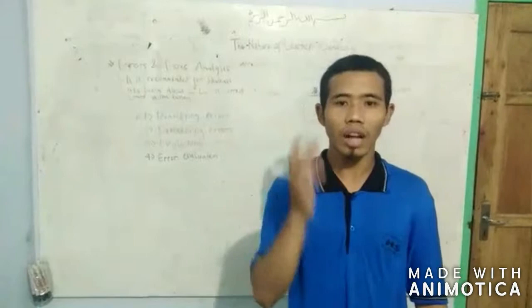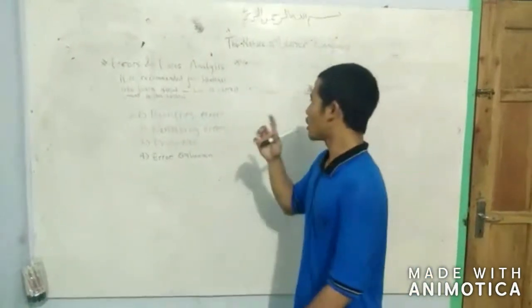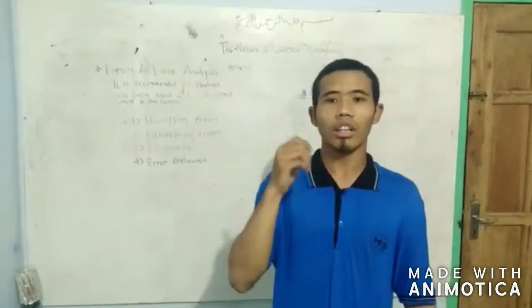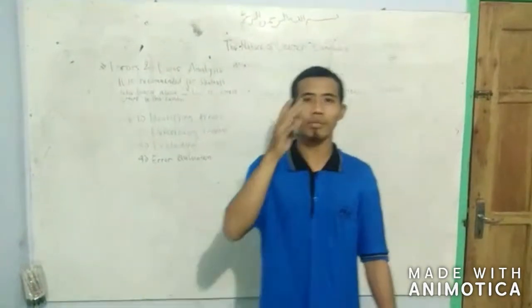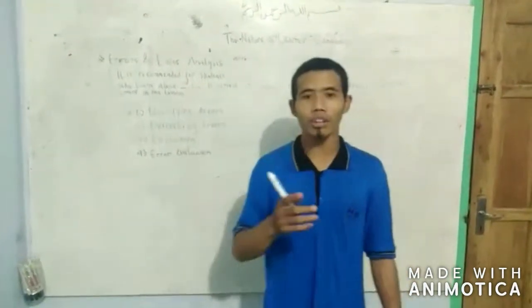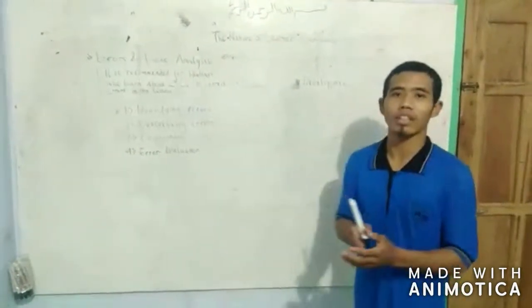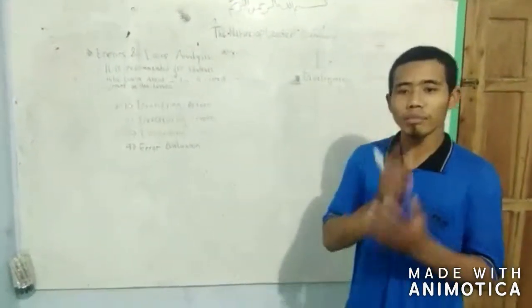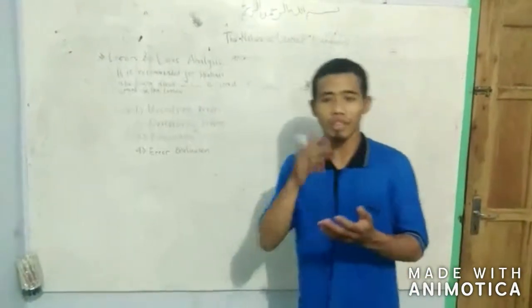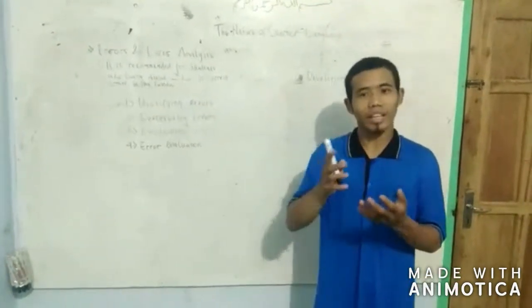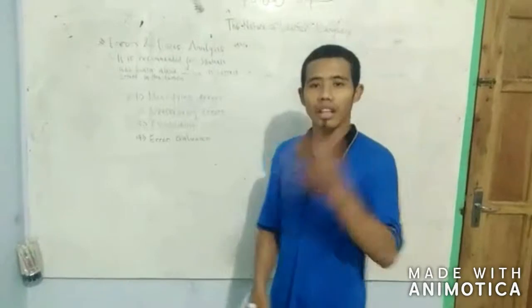After describing and identifying the error, the learner should explain why the error can happen and how it can be predicted each time.